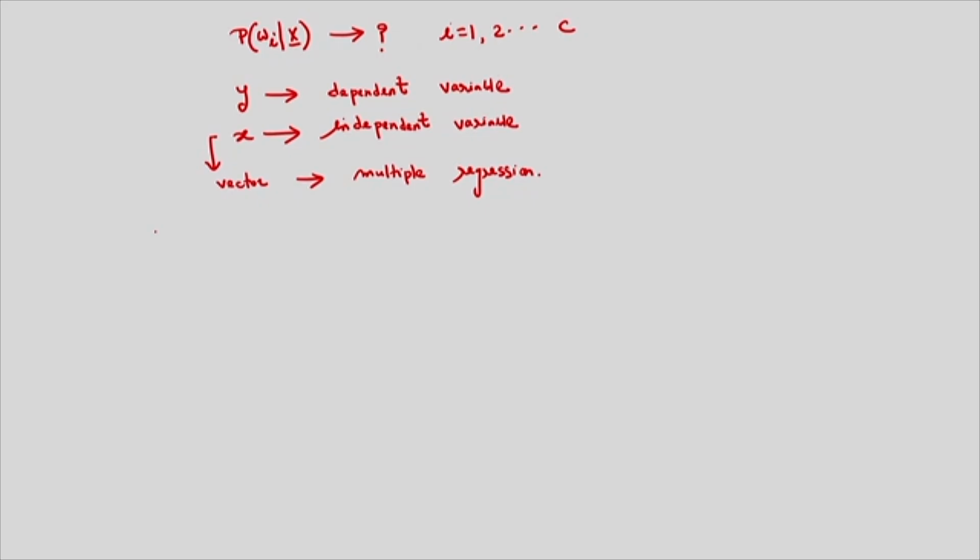So, what is linear regression? Linear regression is a statistical method that allows us to model the relationship between a scalar response, that is the dependent variable, and one or more independent variables. This can be done by fitting a linear equation to the observed data. So, suppose I have the observed data points available.